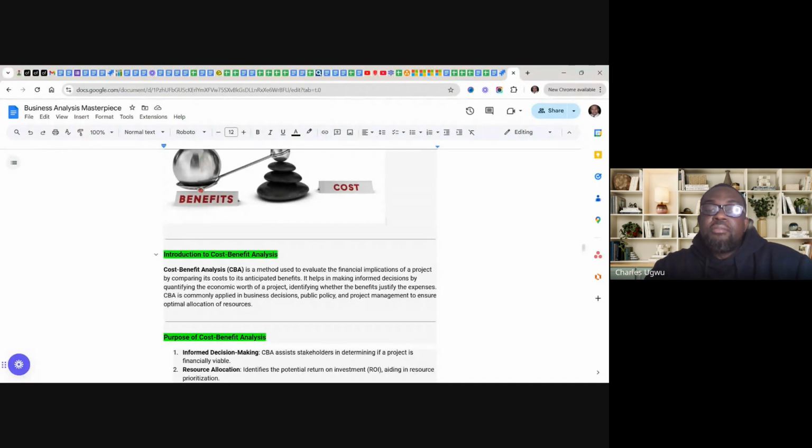It helps in making informed decisions by quantifying the economic worth of a project, identifying whether the benefits justify the expenses. It's commonly applied in business decisions, public policy, and project management to ensure optimal allocation of resources. Like I said, it can be applied in so many places.